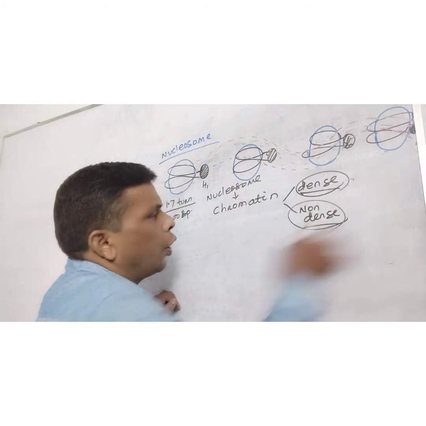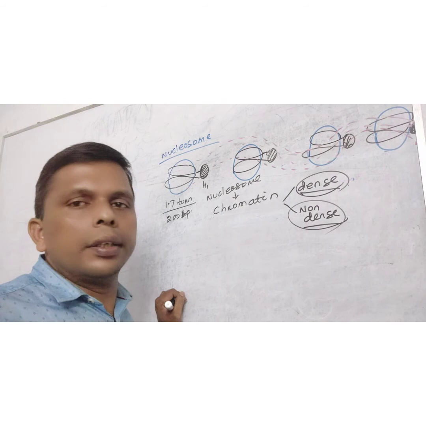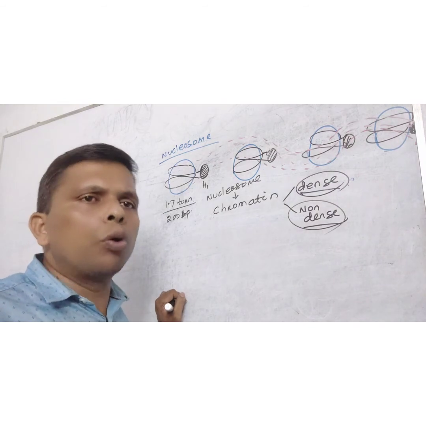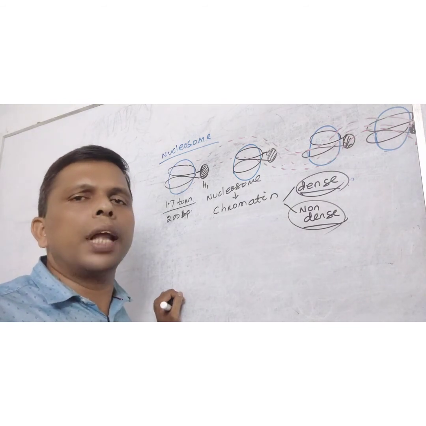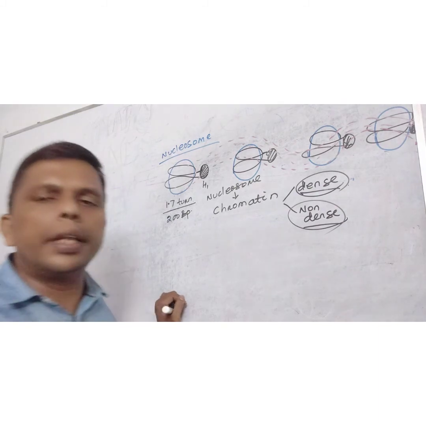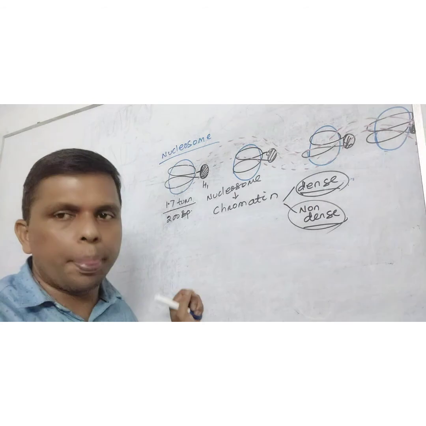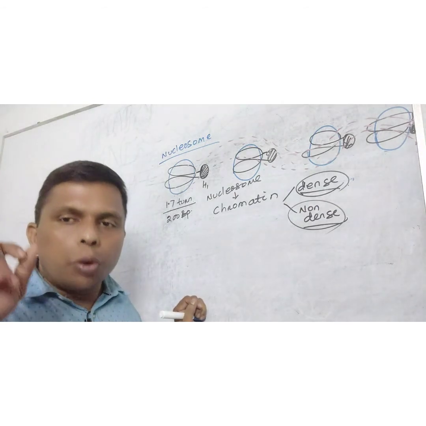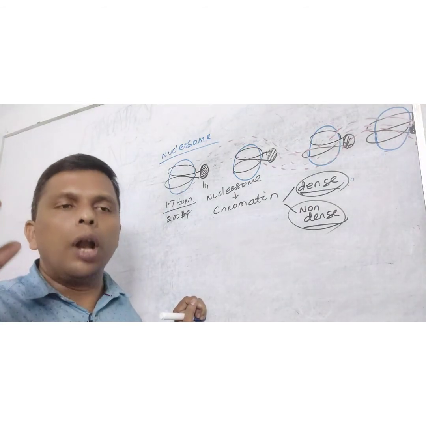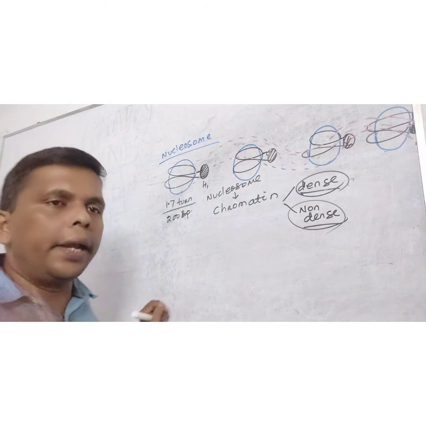Non-dense chromatin is euchromatin. It is transcriptionally active because it is loosely bonded. This chromatin is again coiled to produce chromatid.